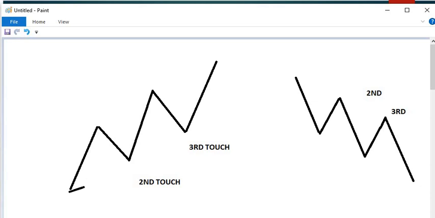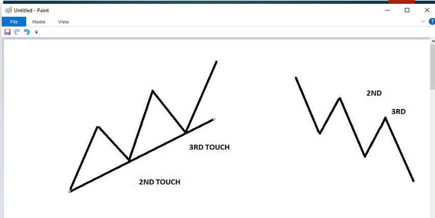This is the first touch from where I am drawing the trend line. I connected with the second touch, you can see, and on the third touch the market went above the highs. That's how we draw it in the uptrend. And let me show you how to draw it in the downtrends.